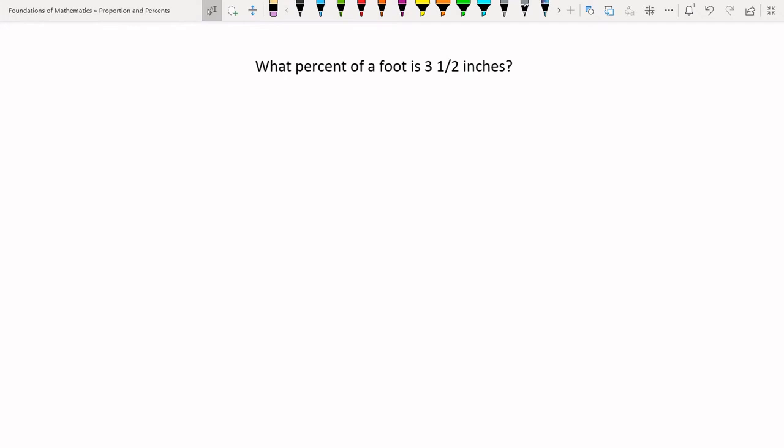In this case, if we ask what percent of a foot is 3.5 inches, then the whole is going to be the foot, or in other words, the base number, as it's called in percentage problems. This really is going to be the whole, or base.